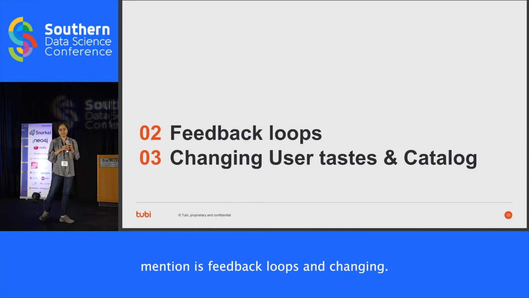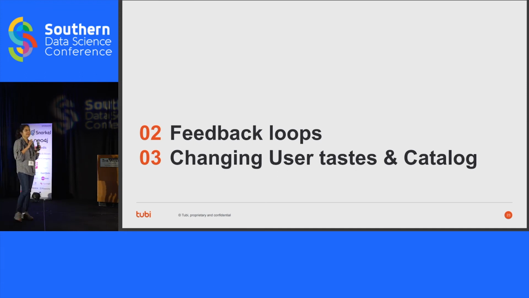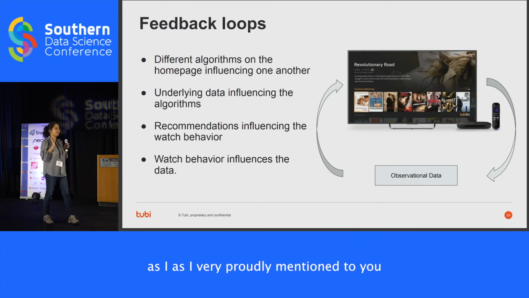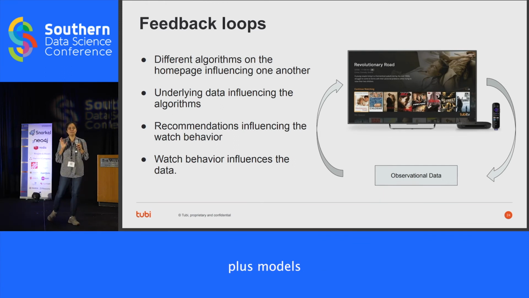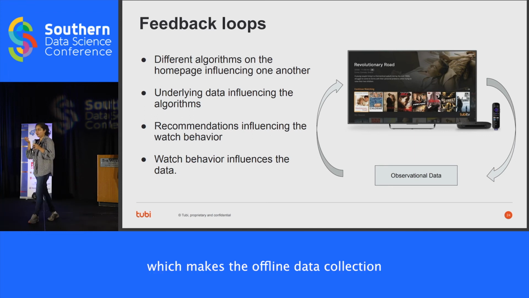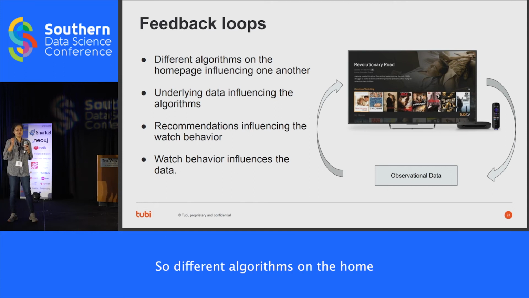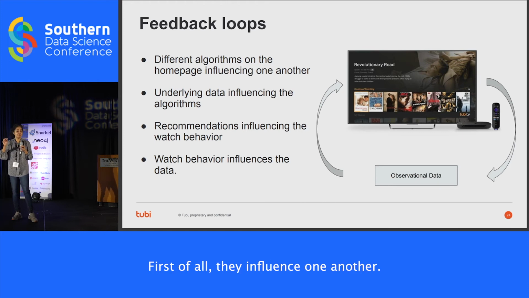Another thing I want to mention is feedback loops in changing user taste and catalog. As I very proudly mentioned to you, there are 70 plus models operating on the Tubi homepage, but you can imagine that these different algorithms and models create a feedback loop which makes the offline data collection even harder to parse. Different algorithms on the homepage, first of all, influence one another.